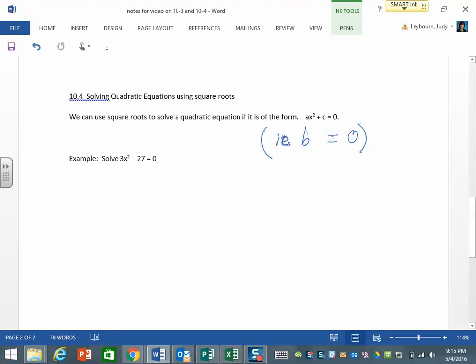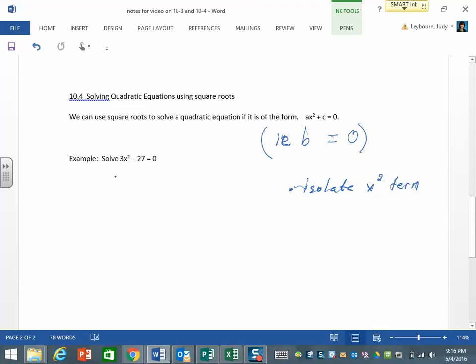Okay, so my first example is to solve 3x squared minus 27 equal to 0. So we first want to isolate the x squared term. So I'm going to say isolate x squared term, and my pen's getting a little messy, so I apologize for that.